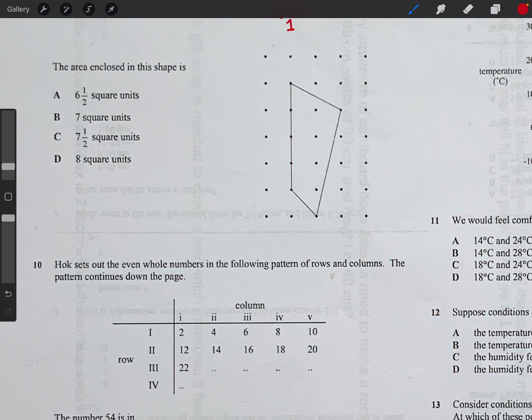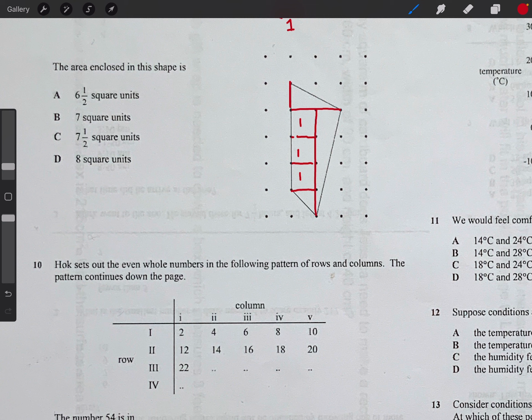Now it says the area enclosed in this shape is what? So let's figure it out. I can just cut this into maybe a bunch of triangles. We got 1, 2, 3. We got 3 squares.